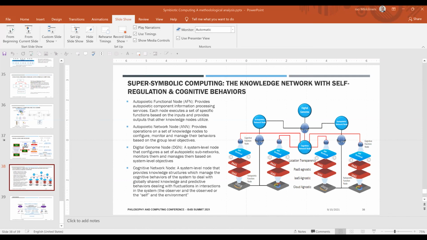Right. Yes, I have one general question, if there are no other questions. How is super symbolic computing connected with maybe the work of Damasio, because it sounds like it would go in that direction, mind maps?